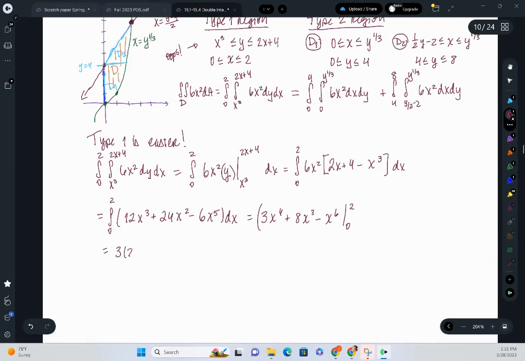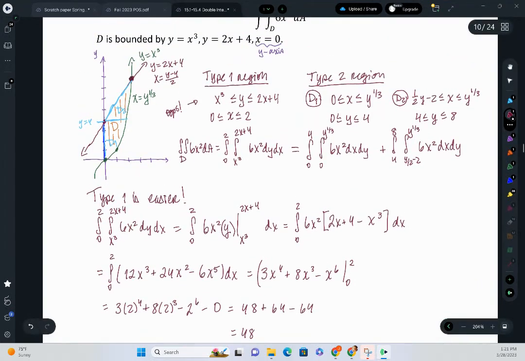This gives me 3 times 2 to the 4th plus 8 times 2 cubed minus 2 to the 6th power, and then minus 0. There's no contribution from 0. And this works out to be 2, 4, 8, 16 times 3 is 48. 8 times 8 is going to give us 64. And 2 to the 6th is 64. So I have a final answer of 48.